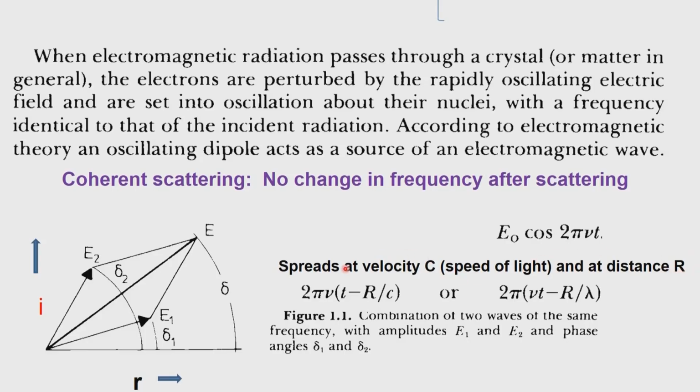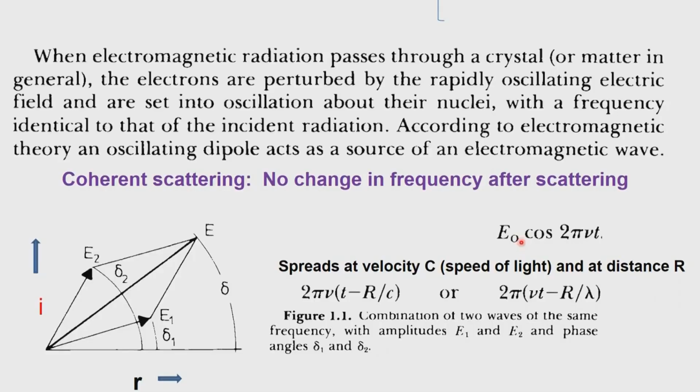This particular wave which we are now talking about, which is now a complex wave, spreads at the velocity of light. So, it spreads at the velocity of light and it spreads as a spherical wavefront, both of which we have seen. And at sufficiently large distances r, we have already decided it will be a plane wave.